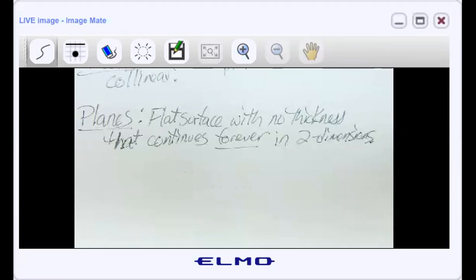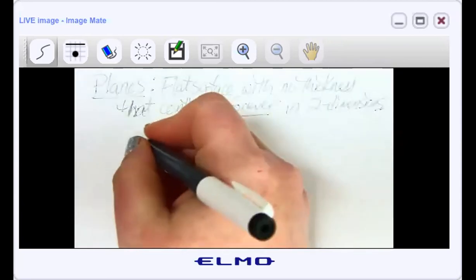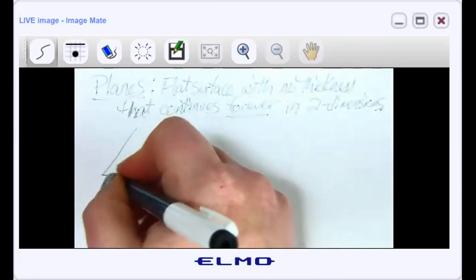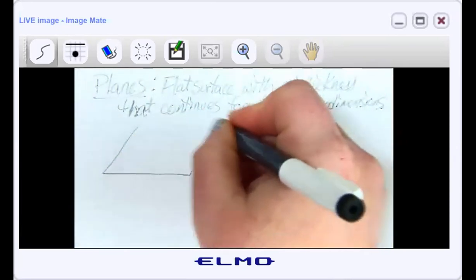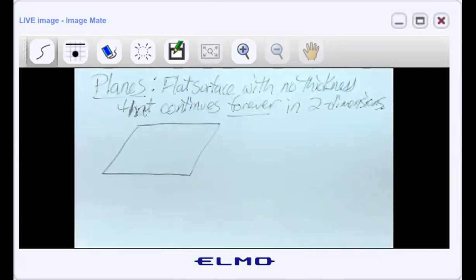Now, how in the world are you supposed to draw this, right? How am I supposed to draw this thing that goes on forever and never ends on a piece of paper? So we have a way to do that. To draw what we have accepted represents a plane, you really just draw yourself a parallelogram. So that's how we draw what we are referring to as a plane on paper.